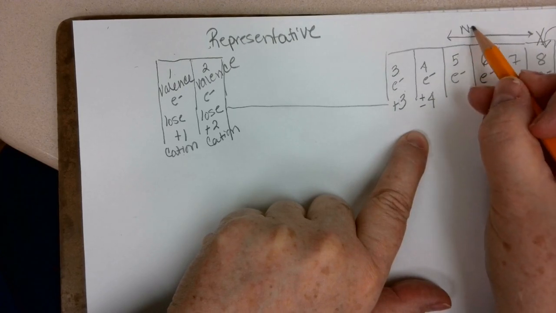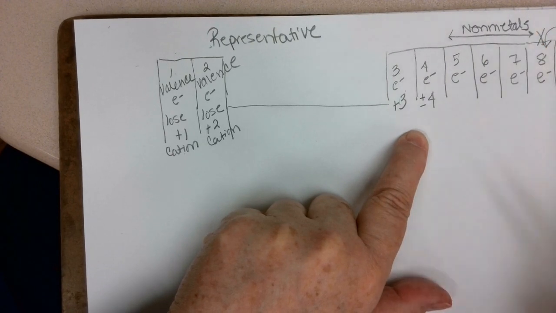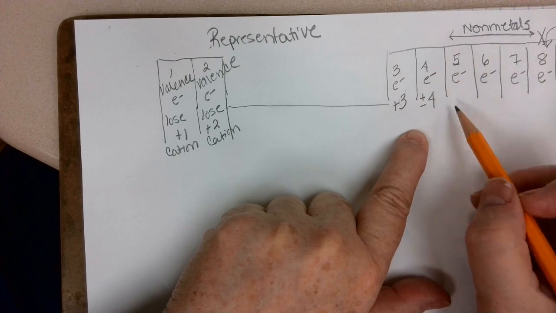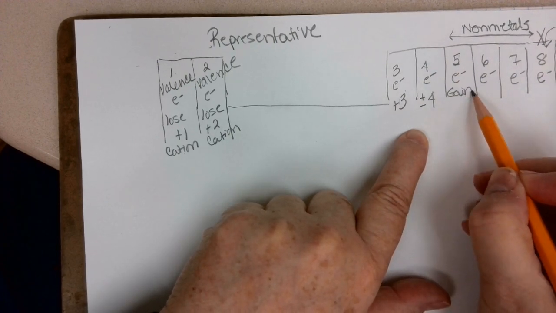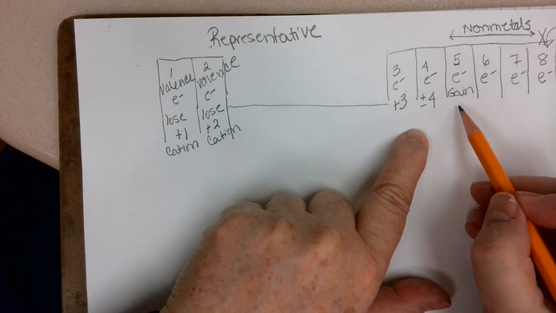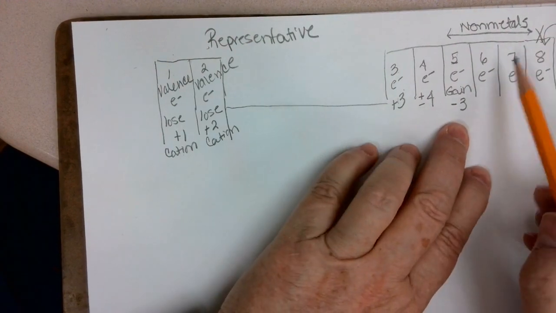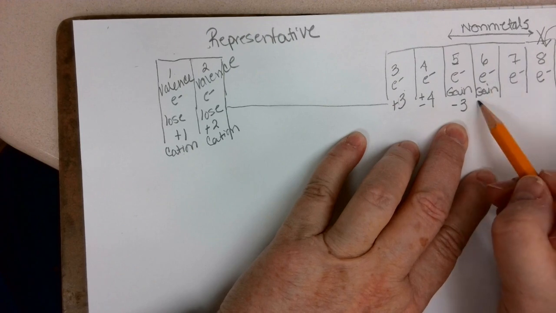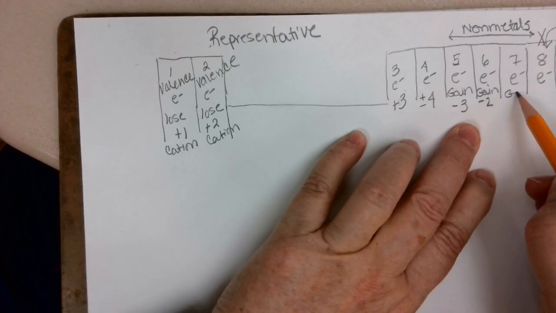And for just the nonmetals, not the metals underneath, column 15 is already at 5. It needs 3 electrons, so it will gain 3, and that will give it a -3 charge. In column 16, it's going to gain 2 electrons, so that's -2. And in column 17, it's going to gain 1 electron.